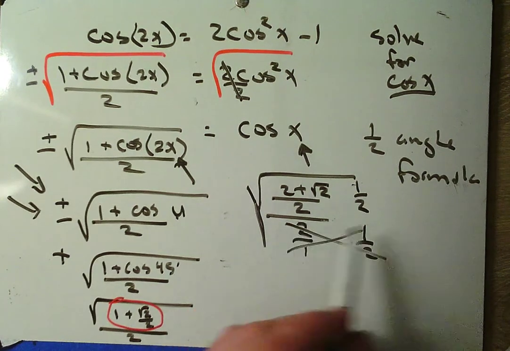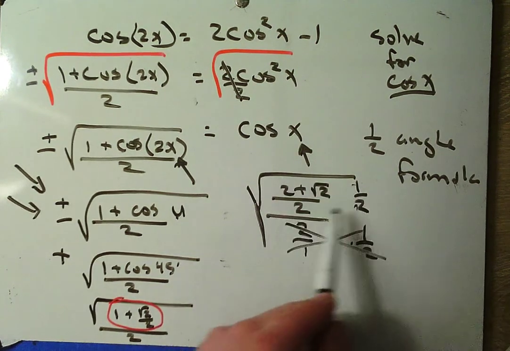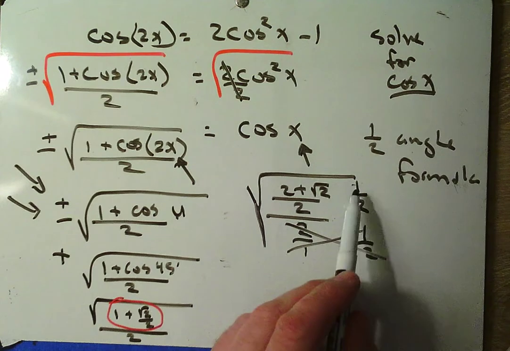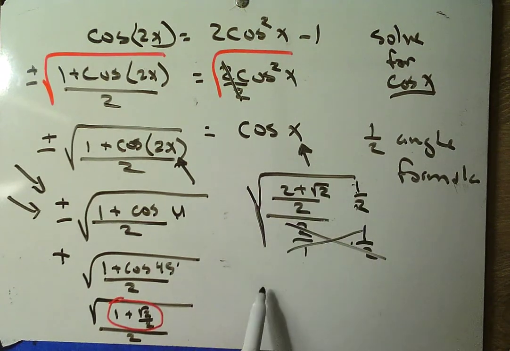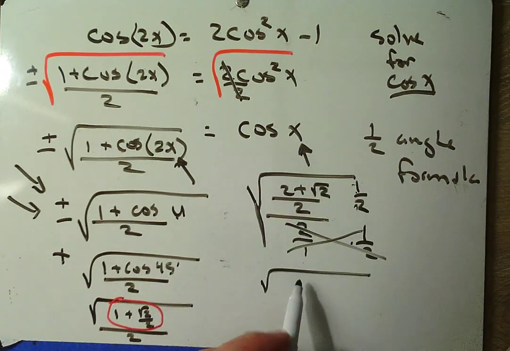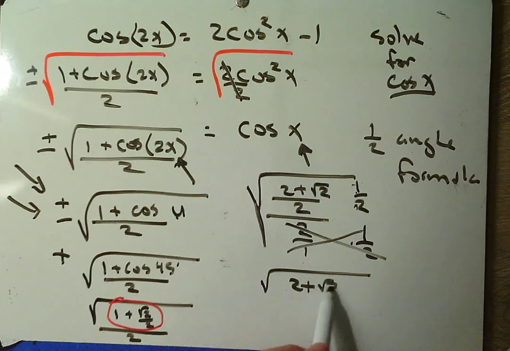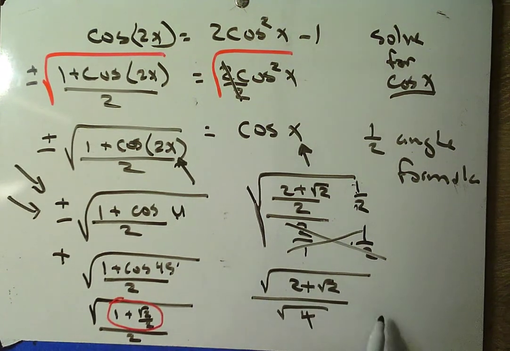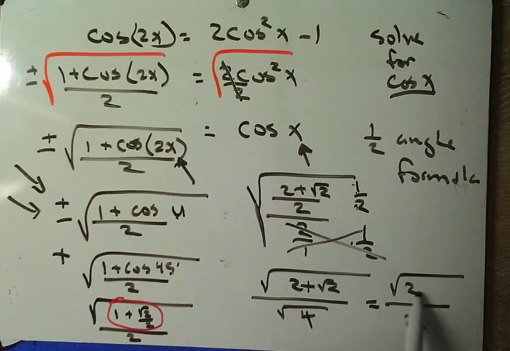So these cancel. And down here, I have 2 times 2, or 4. And up here, I have 1 times these things. So I've got the square root of 2 plus root 2 over the square root of 4. And the square root of 4 is 2. So I've got a 2 outside of a radical, and then up here, 2 plus root 2.